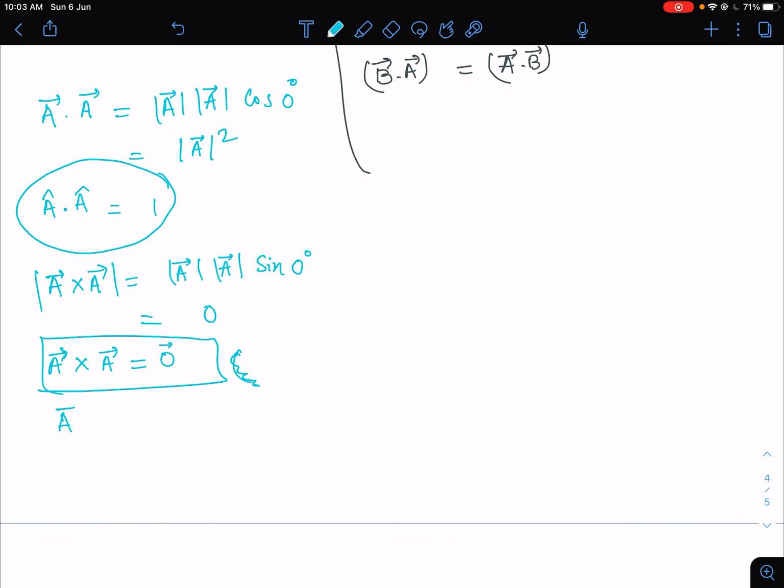So let's start from A dot product with itself; the cross product with itself is 0.